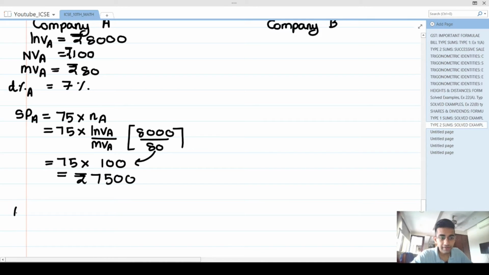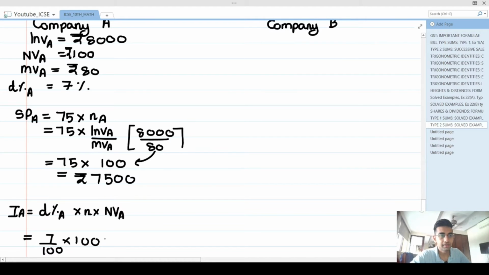What was his income from A? That is D percent of A into N into NVA. Number of shares is 100 as we know. Dividend percent is 7 upon 100 into 100 into 100.